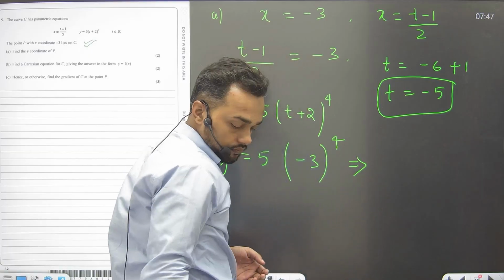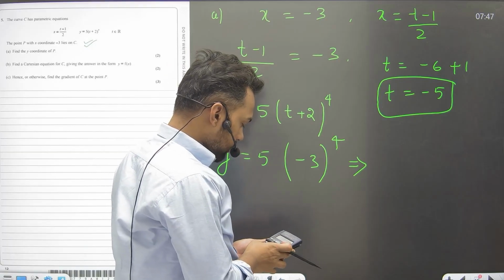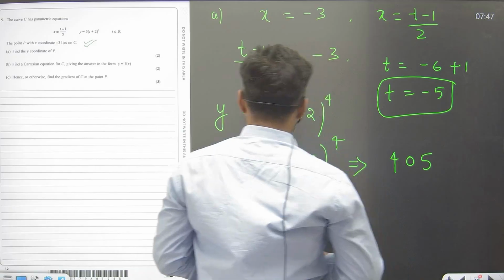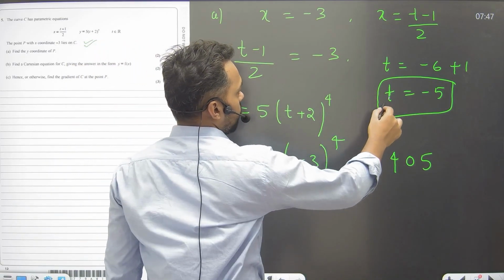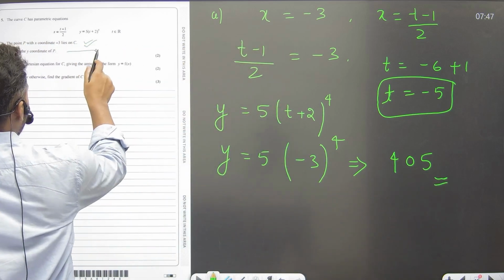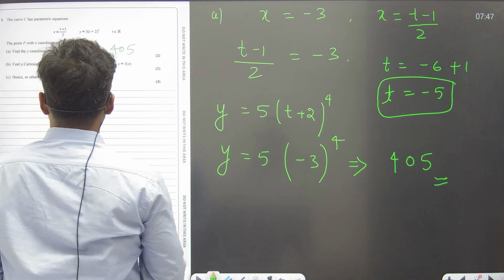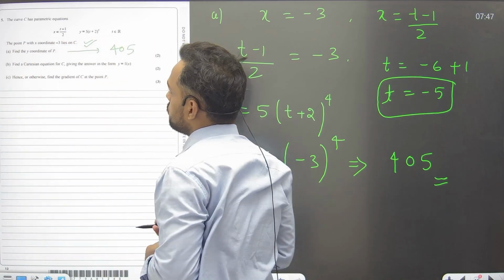So what you will get here, 81 cross of 5, that is equal to 405. So this is the value of t, this is the y coordinate which they were asking for. So the y coordinate of P will be 405. Find a Cartesian equation for C giving the answer in the form y equals f(x).